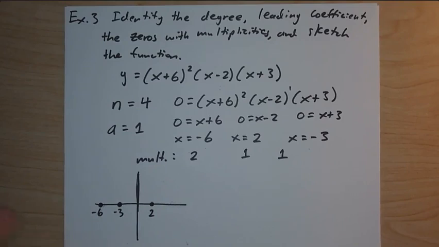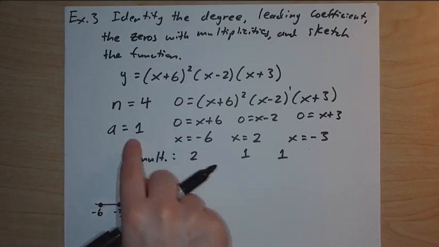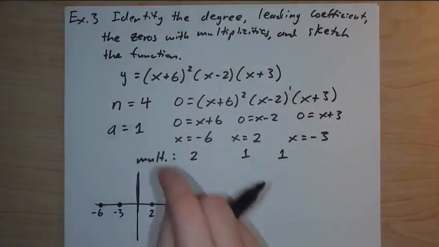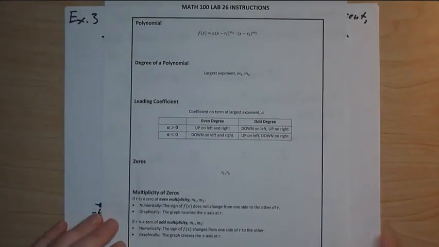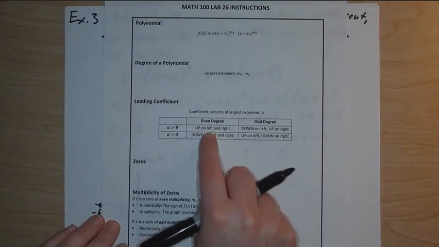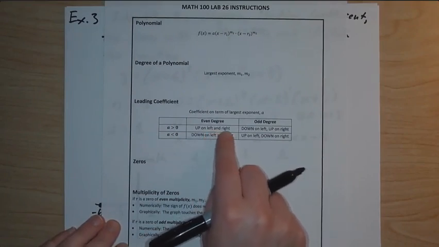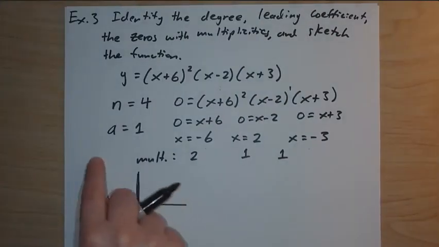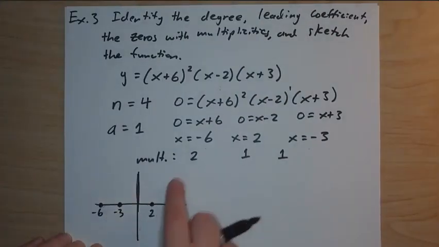And we know that for a is 1 and our degree is even, we're going to go to our table over here. We have a is greater than 0 and we have an even degree, so it's going to be up on the left and right. So that means we're going to start from upwards and we're also going to end going upwards, like that.